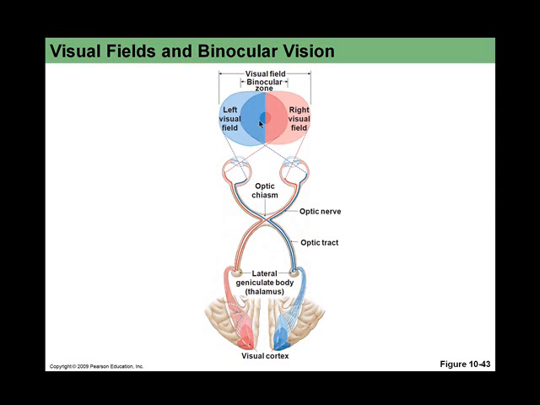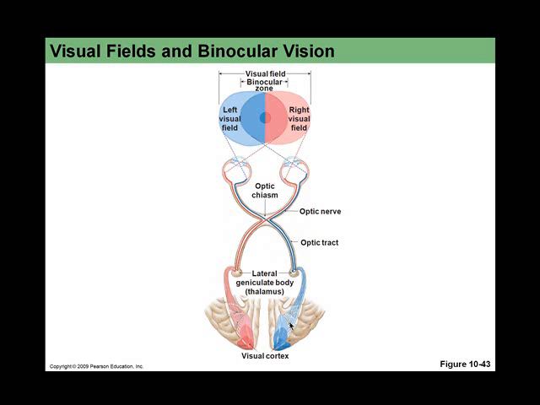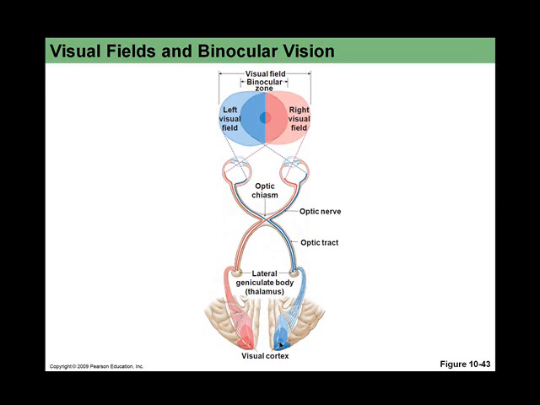The blue is the left visual field that is going to be projected to the right visual cortex. You recall that from before. The left visual field is projected onto the right retina, and the right retina goes to the right cortex.